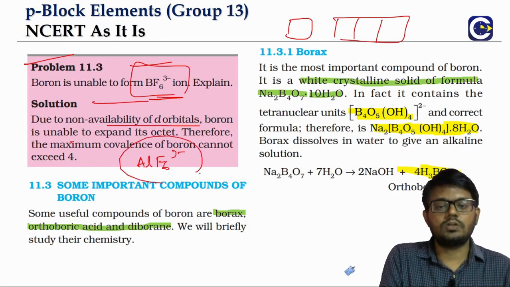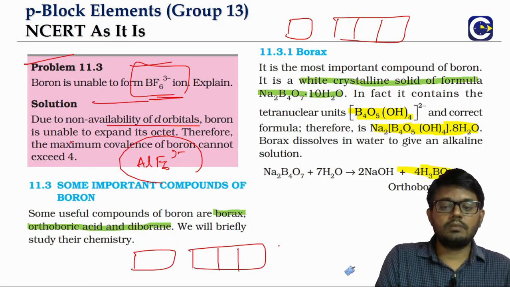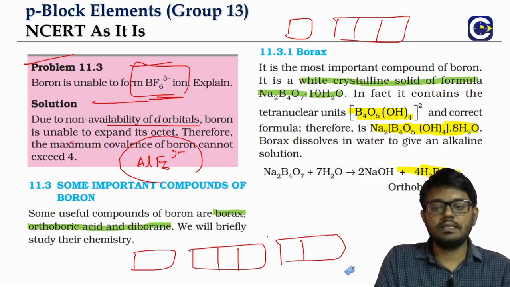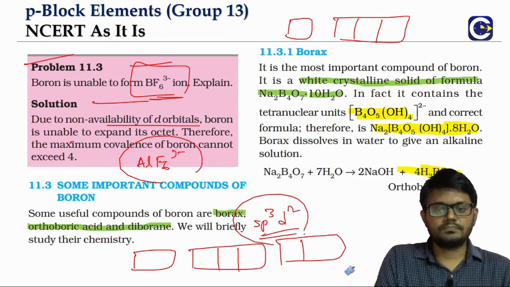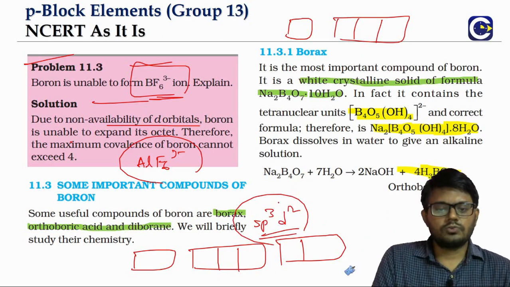Aluminum can use the s orbital, 3 p orbitals, and also d orbitals. In AlF6 3 minus, the hybridization is sp3d2. So aluminum can expand the covalence beyond 4.